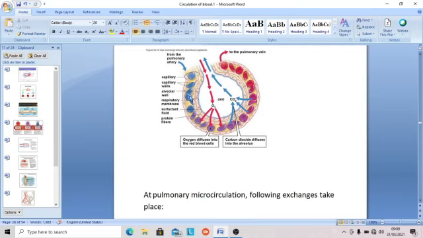So it was violet, and now it is bright red. As it goes from one end of the alveolus to the other end, the completely deoxygenated violet blood, when it goes out from this alveolar wall to the pulmonary vein, becomes bright red. So the main process is removal of CO2 and induction of O2 here.